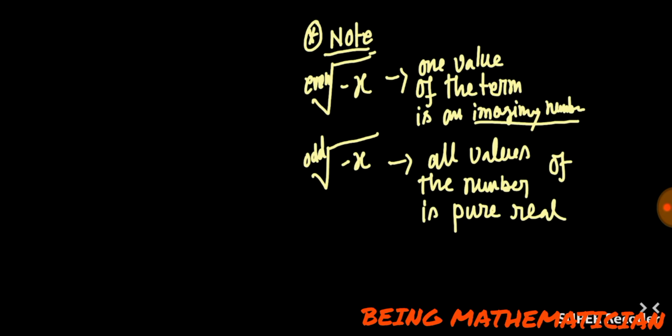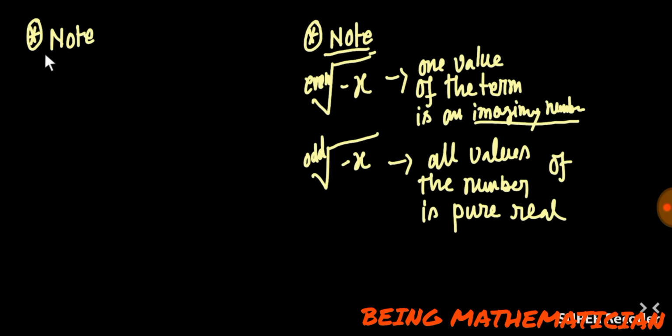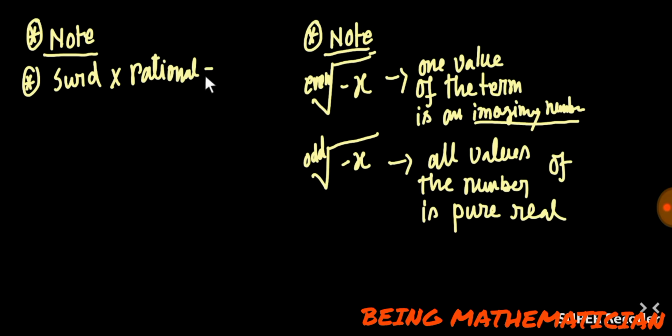Now let's see another notes. A surd multiplied by a rational number must be a surd.